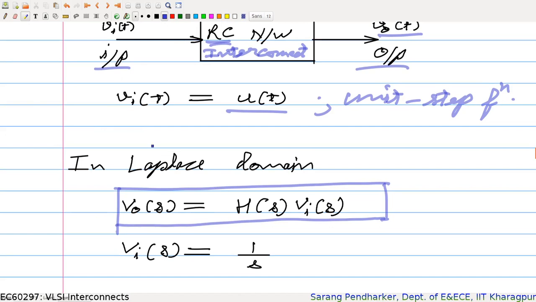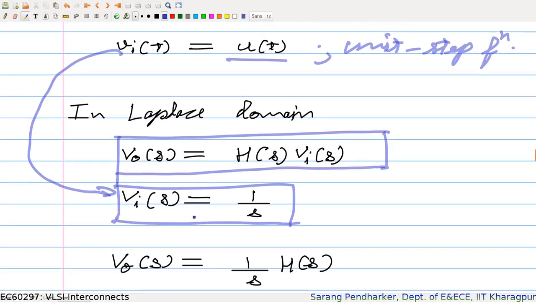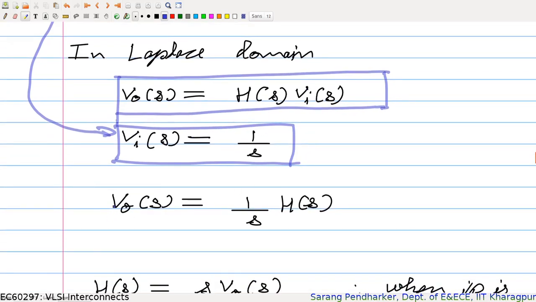Now since your input signal is u of t in the time domain, in the frequency domain your Vi of S is simply 1 by S. Now if I substitute this Vi of S in this equation, my output voltage V out of S is 1 by S H of S. This is straightforward.